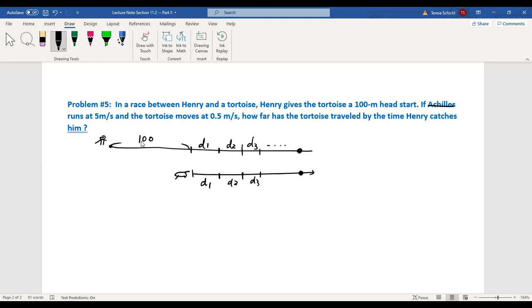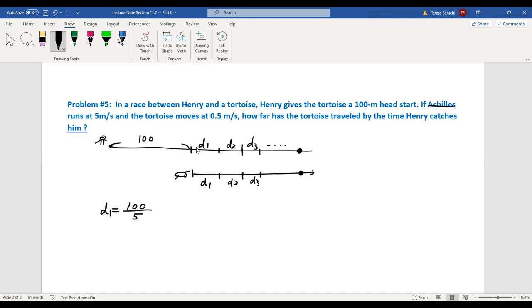So how far is the distance D1? It will be 100 meters divided by 5 meters per second, which is how long it takes Henry to run. So it's 20 seconds.